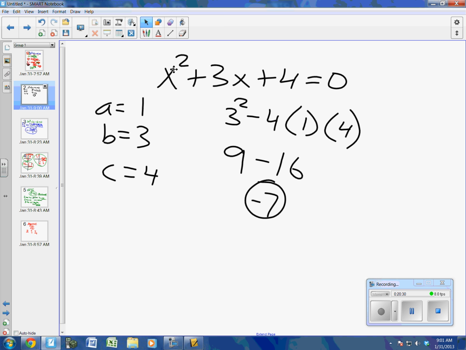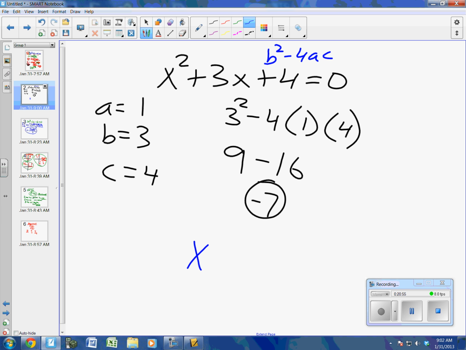Here's the b squared minus 4ac. All we're looking for is the discriminant. That's the part of the quadratic formula that's underneath the square root. Yeah, we were talking about the quadratic formula. I'll show you right here.